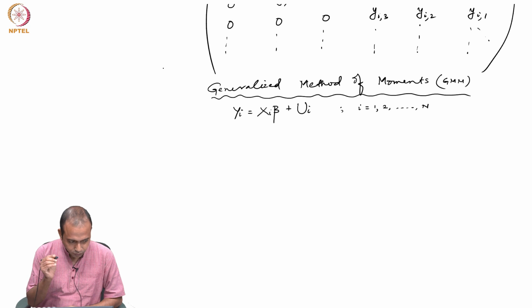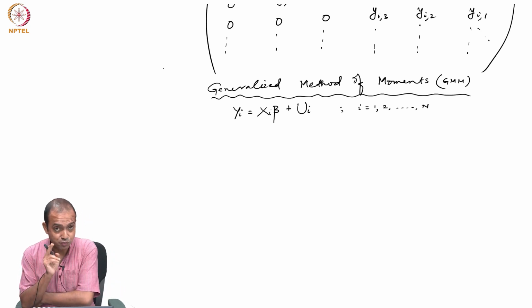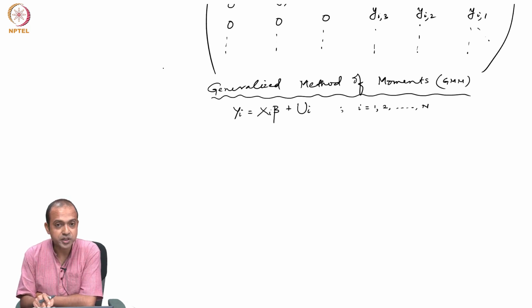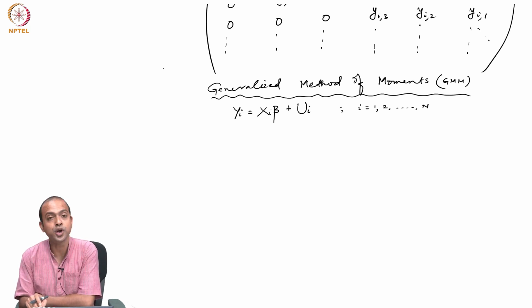And then, if you recall, one of our standard assumptions in the classical linear regression model is that none of my explanatory variables should be correlated with the error term.